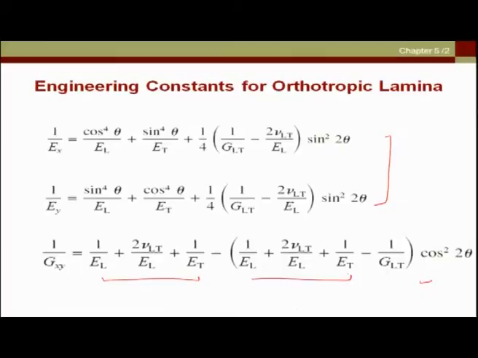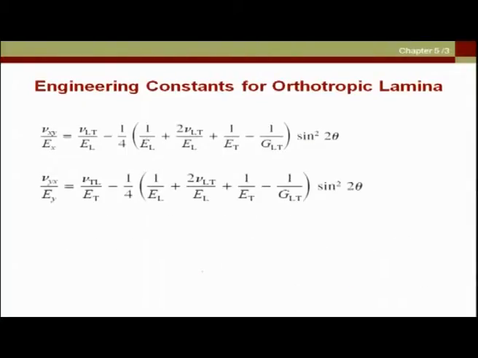Okay. Similarly, when theta equals 90 degrees, that is when the x axis is aligned to the transverse axis of the system, then 2 theta becomes 180 degrees. So, cosine square of 2 theta equals 1, and once again the terms involving EL, ET and nu LT, they cancel out, and once again we have Gxy equals GLT. So, this is one important thing.